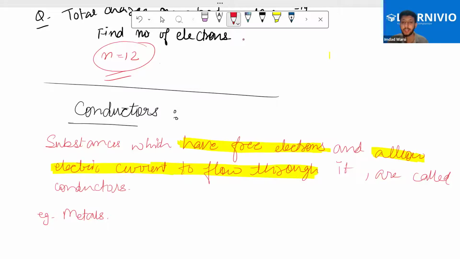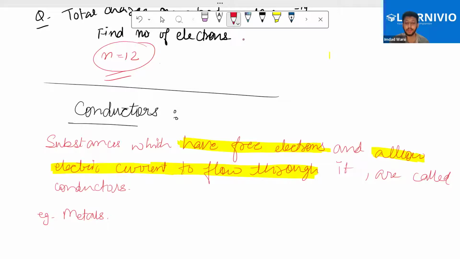Because only if they are free electrons, electric current can flow. If the electrons are bound, in that case the substance cannot conduct electricity, right?